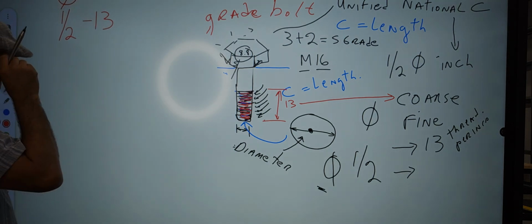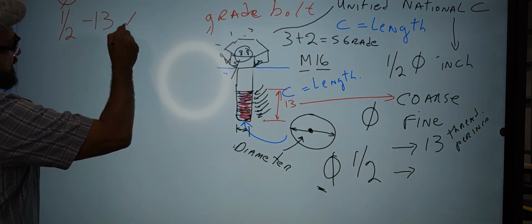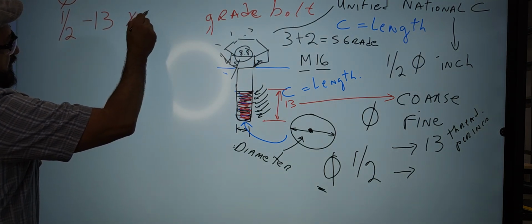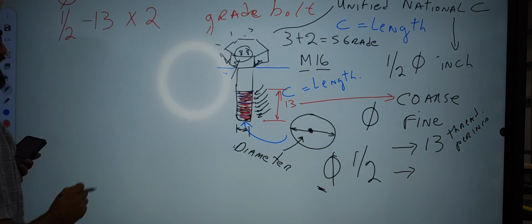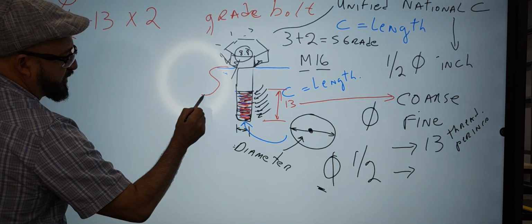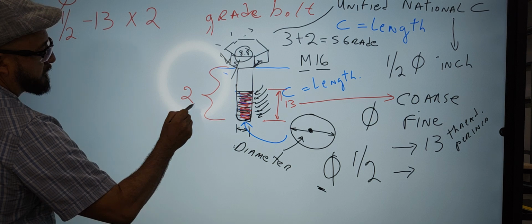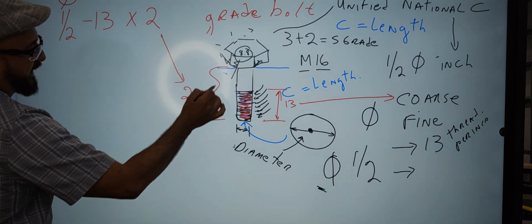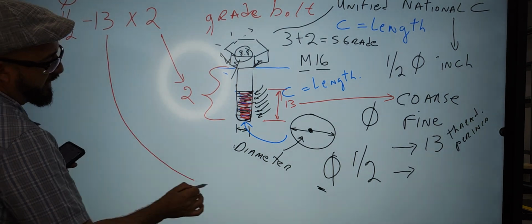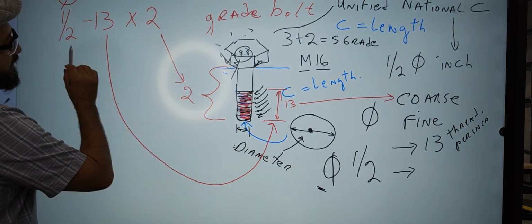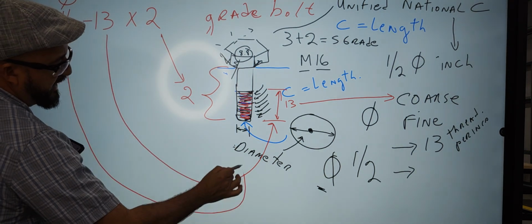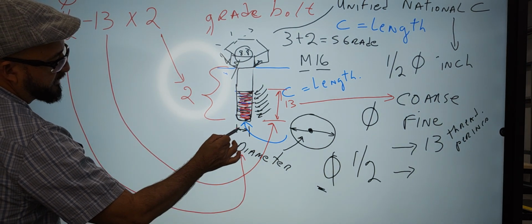And then the last number is how long it is. So you have a times, let's say 2. That's how long this is. So this would be like a 2 inch. The 2 refers to that length. The 13 refers to how many threads there are. That 1/2 inch refers to this diameter, the distance between here and here.